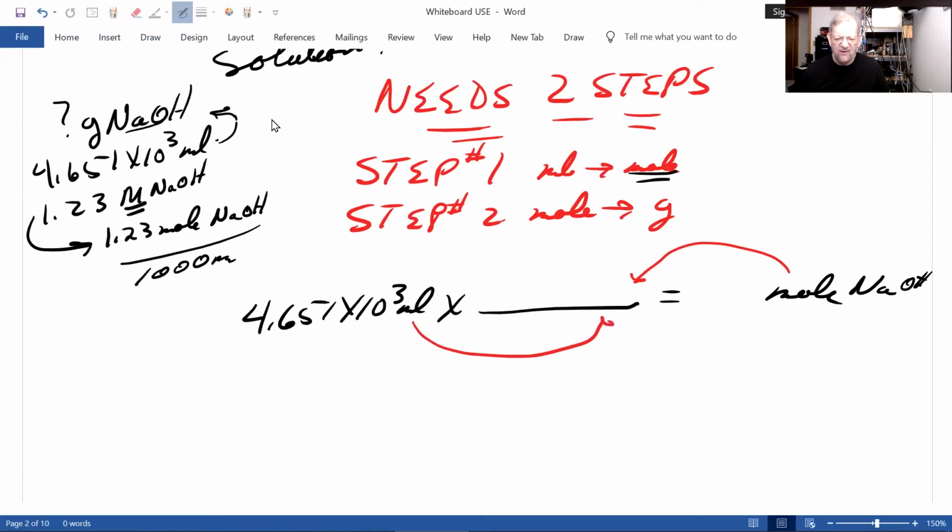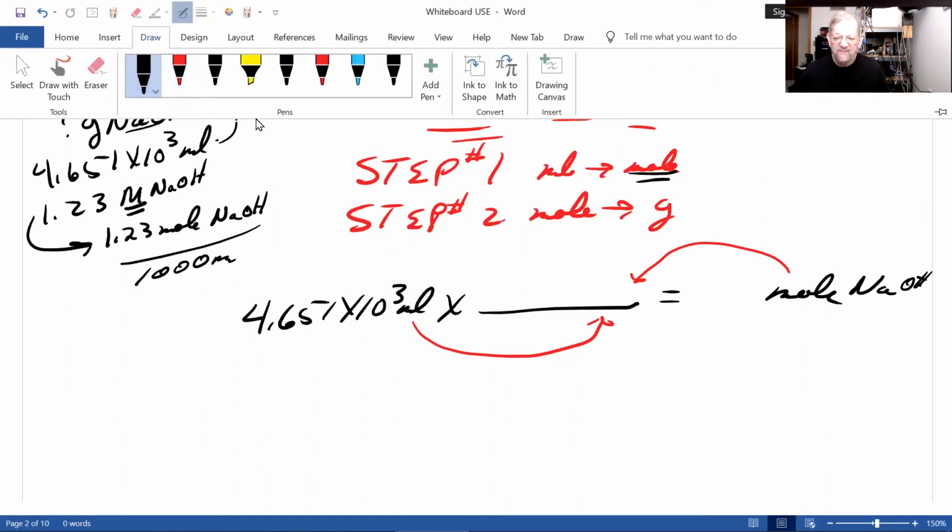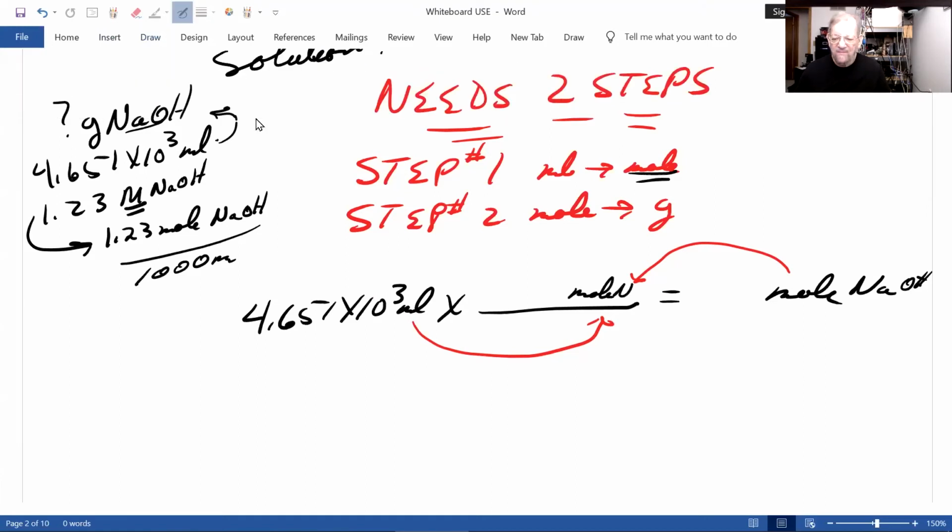Whatever I'm trying to get rid of goes underneath. And I can write that in. And therefore, where do we get these numbers? From this. Because we knew this meant this. And there's 1.23 moles of sodium hydroxide per 1,000 milliliters.